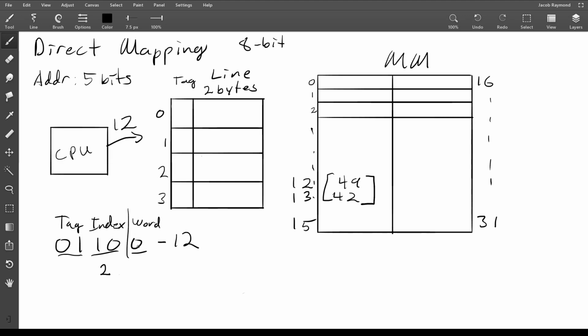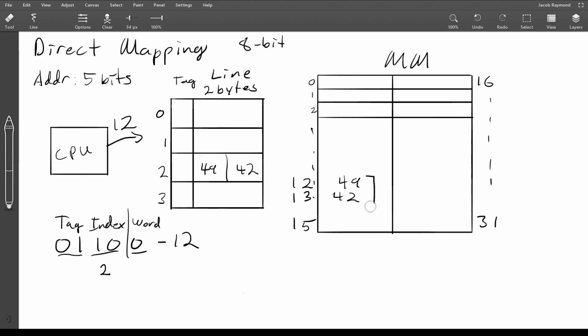You'll chop off the word and byte portions, and then go to whatever this address is with the rest of them set as 0. And so if we look here, this right here with this set as 0 is 12, and so we'll go to 12 and load in all of the bytes that are associated with a particular line. So we have the data 49 and 42. And so we'd essentially have our 2 bytes here, 49 and 42, stored side by side.